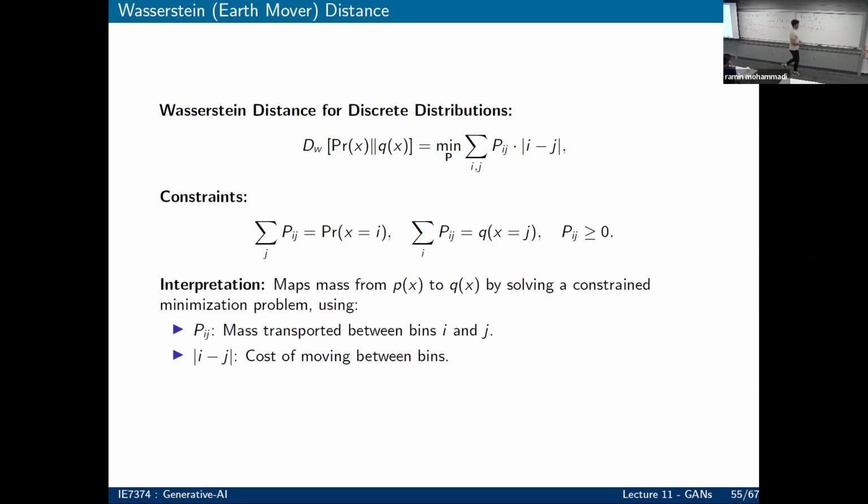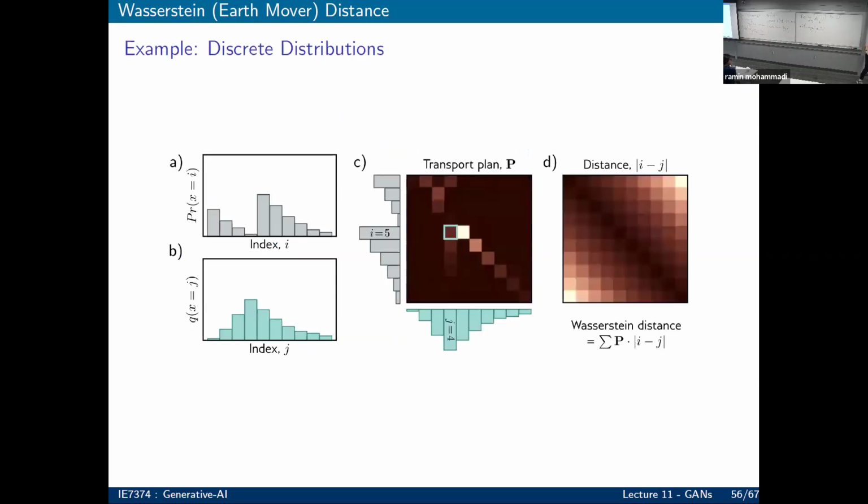I think we have an image here for it. Perfect, yeah. So think about you have these two distributions P and Q. What you see in the center is the transport plan. That's about the movement of actual data. And on the right, you see the distance, that is the penalty cost of movement, how far apart these two points are.